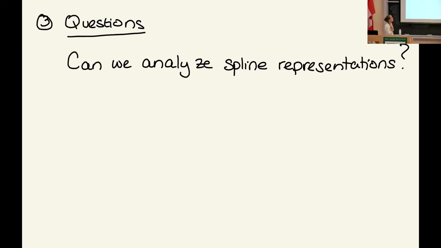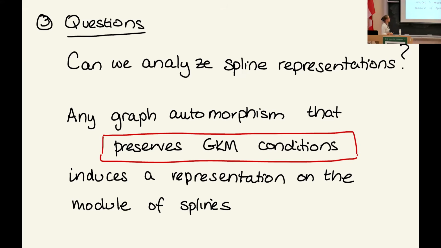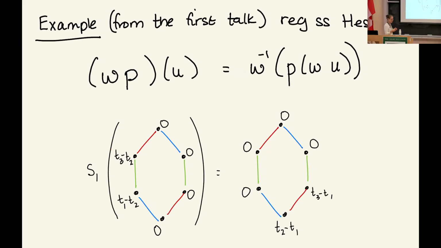So, the question of can we analyze spline representations? I've modified some slides based on this morning. But I'd say any graph automorphism that preserves the GKM conditions induces a representation on the module of splines. That's the fundamental thing you need to do. Here is the morning talk, regular semi-simple Hessenberg varieties.